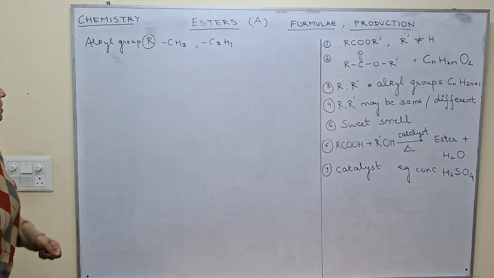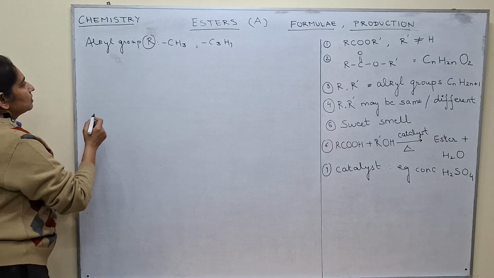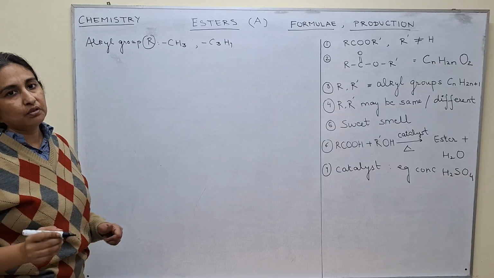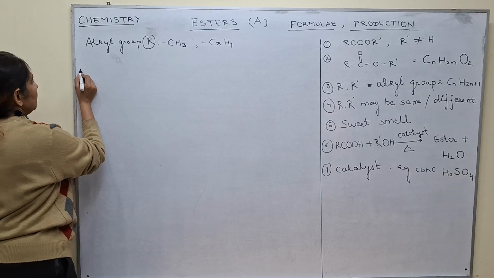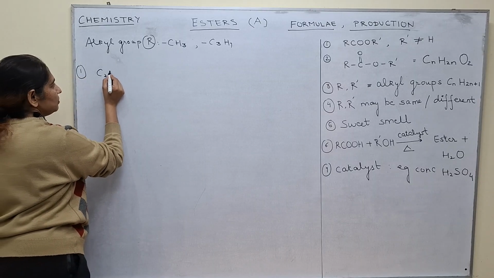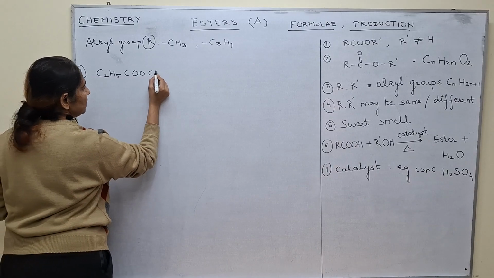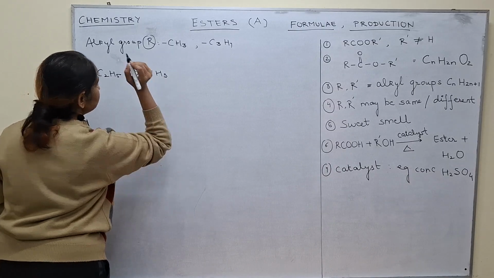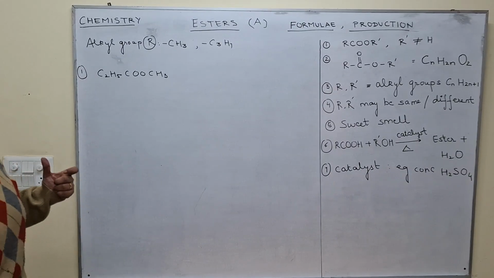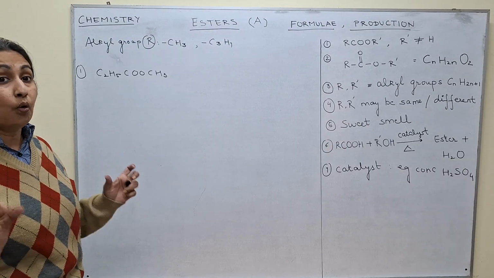Now, what is the structure of an ester? If something is written like C2H5COOCH3, okay, now can we identify alkyls in it? सबसे पहली पहचान है, look for COO.